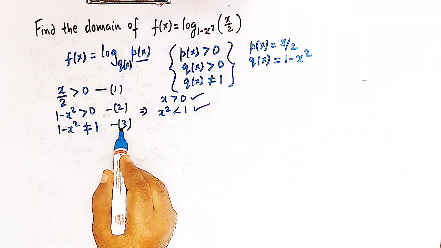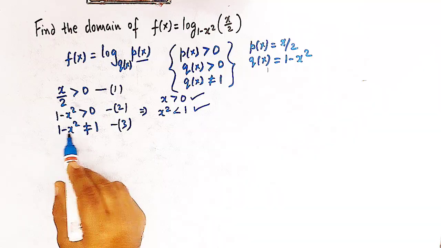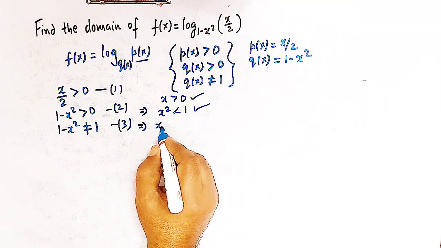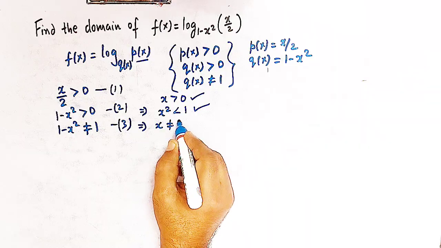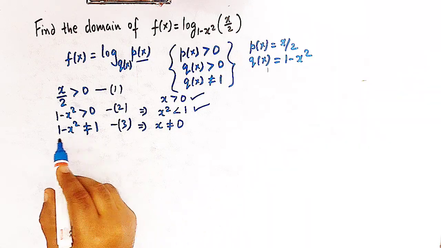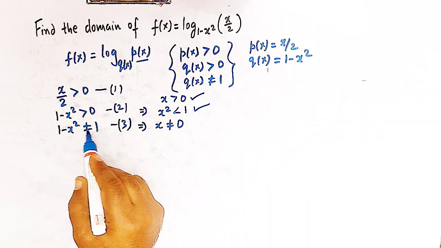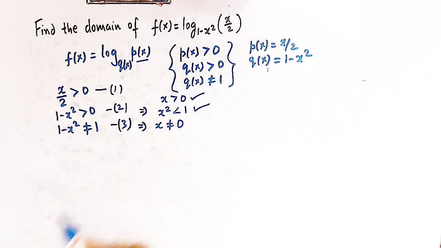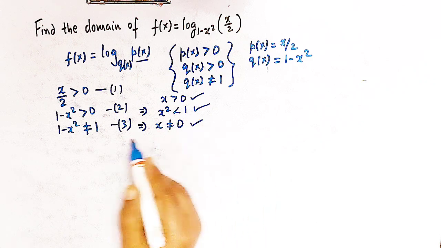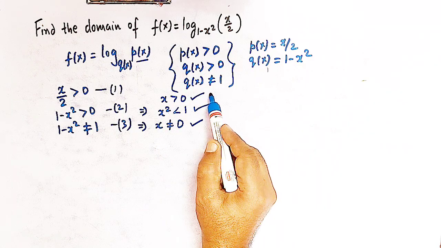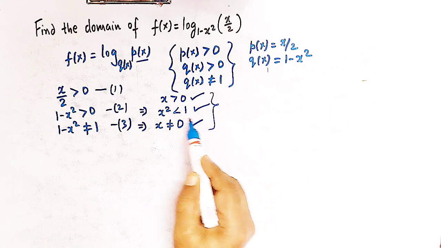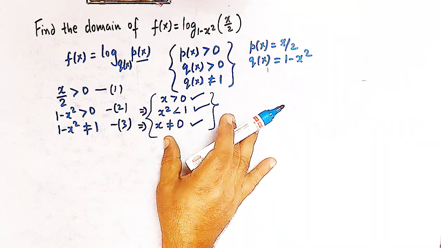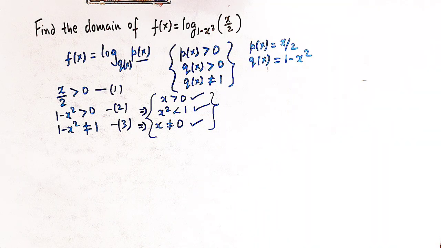And from condition 3, we must have x not equal to 0, because 1 minus x square should not be equal to 1. So now let us represent these three conditions on the real number line.